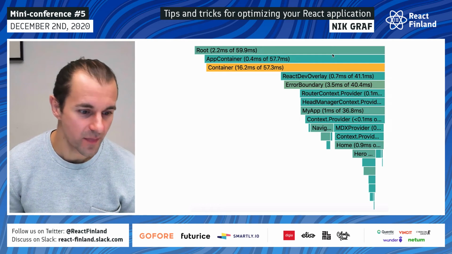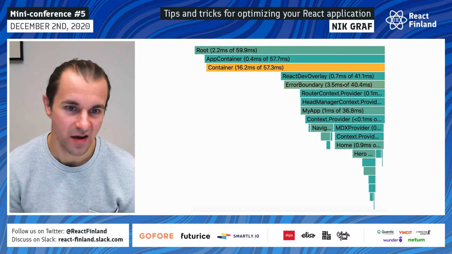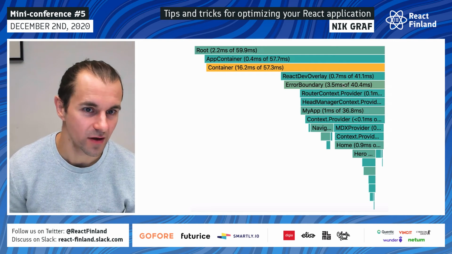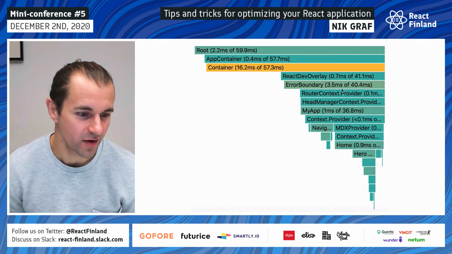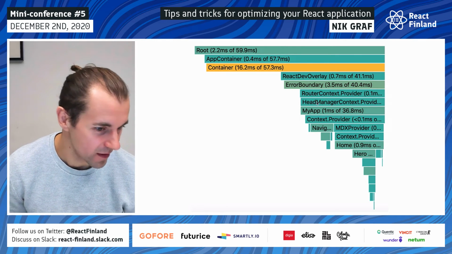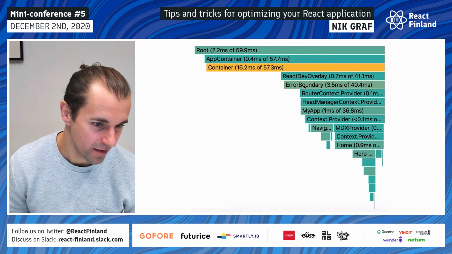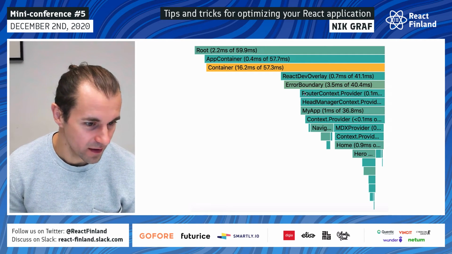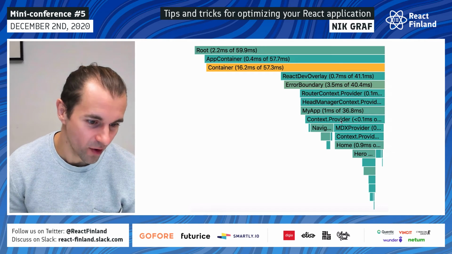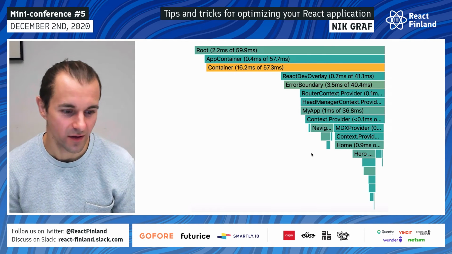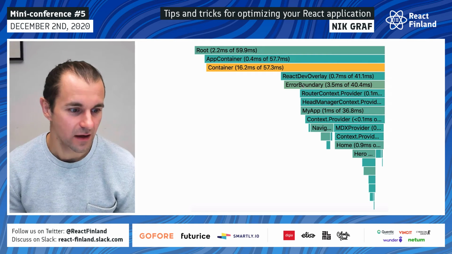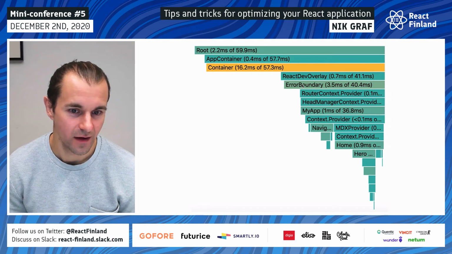So we have here the initial build-up. You can try to get a more performant error boundary, or try to optimize the hell out of every component, but making this faster will be tough.